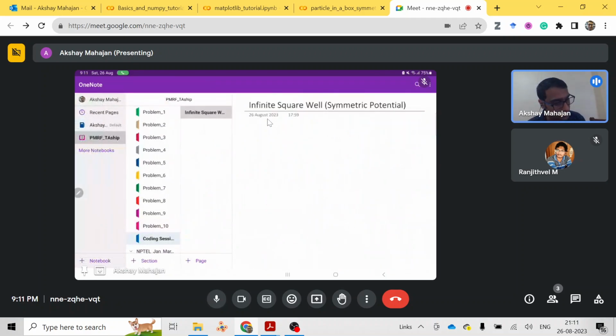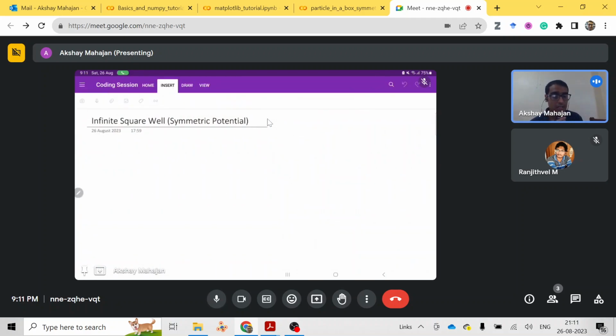Alright, so now we will go back to our coding session, and I am extending this session by just 30 minutes just to finish this coding part. Yes, it is quite delayed. In this session we are going to do a small Python tutorial, and also this infinite square well symmetric potential.